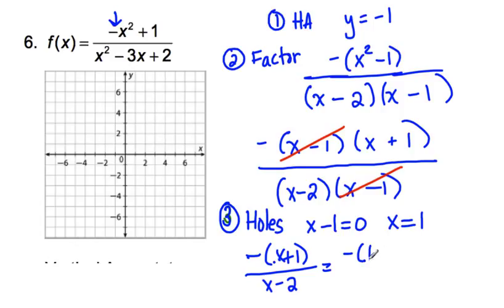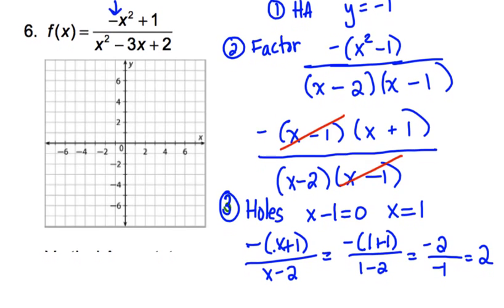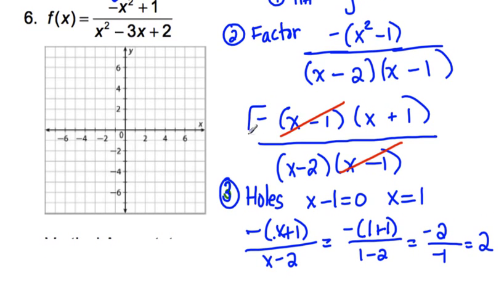I put x equals 1 in for x and solve. So 1 plus 1 is 2. Do you see how this is negative 2 on the top and negative 1 on the bottom? So that's going to be 2. Guys, do not forget this negative. It has to come down with it.